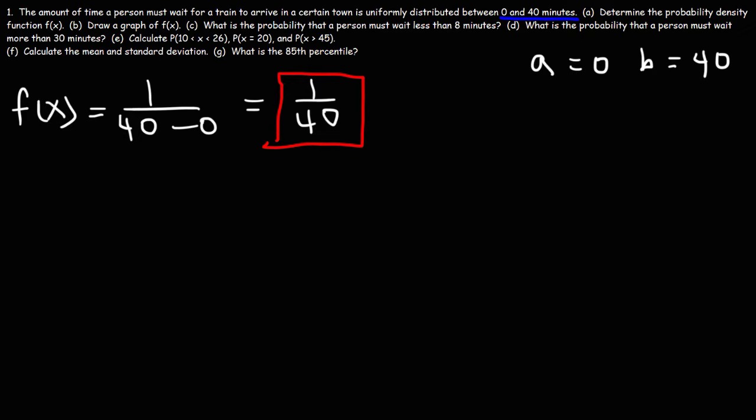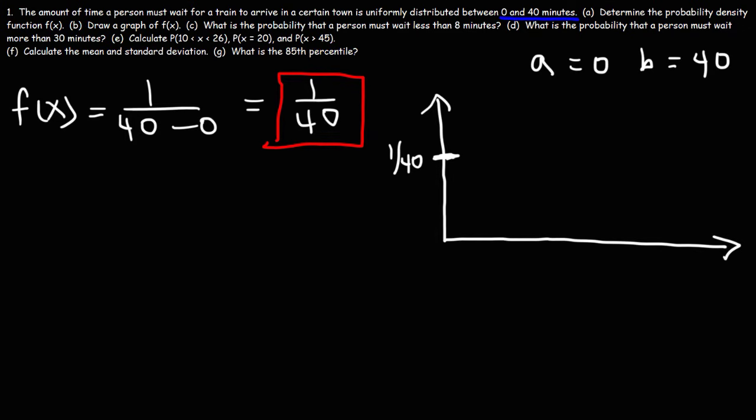Now, what about part B? How can we draw a graph of f of x? I'm going to put this graph on the right side. So here's the y value. This is going to be 1 over 40, and it's constant, so we're going to draw a horizontal line. a is 0, b is 40.